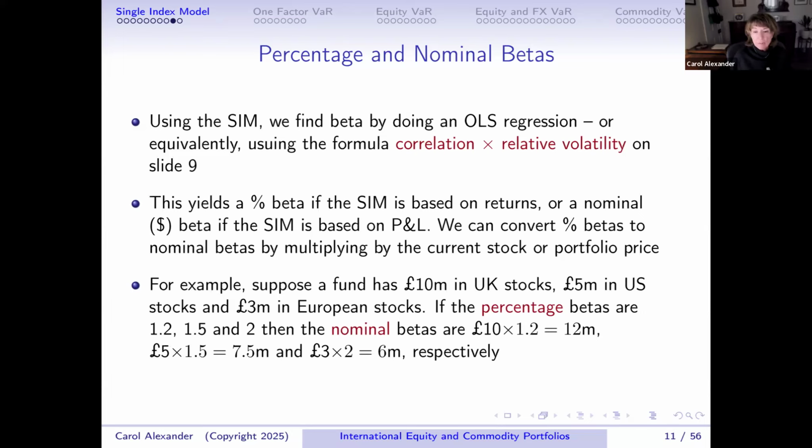So taking 1.2 times 10 million for the UK gives 12 million pounds for the nominal beta, and likewise for the other two. We just multiply the pound sterling 5 million or 3 million times the percentage betas to get the nominal betas all in sterling terms.